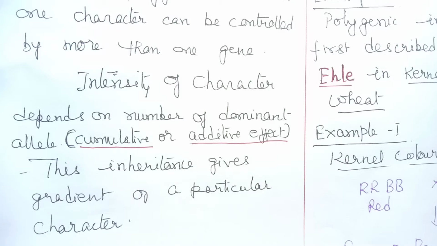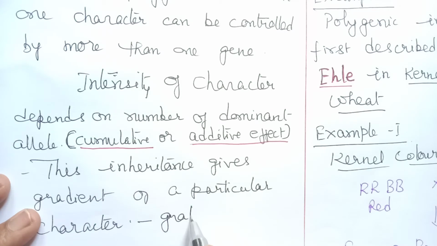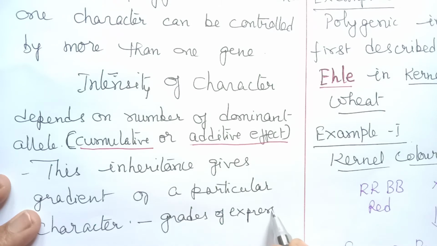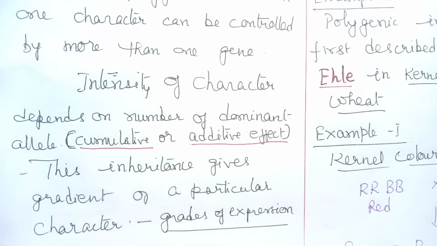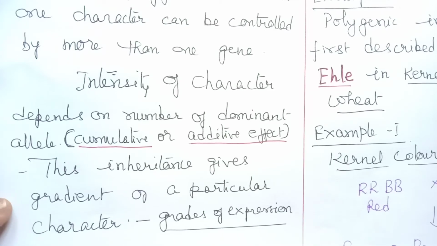A range of phenotypes from highest expression to the lowest expression, and in between we find many different grades of expression, from very high to low and medium and various other intensities, depending upon whatever character is taken for consideration. That is what is called polygenic inheritance.